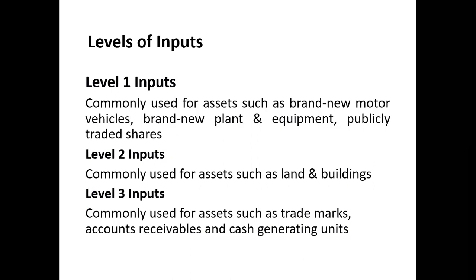Similarly for motor vehicles, not the identical vehicle but similar ones. Level 3, when it comes to valuing trademarks, accounts receivable and cash generating units, you can forecast the future cash flows, discount them and get the value. That is level 3 inputs, unobservable data.